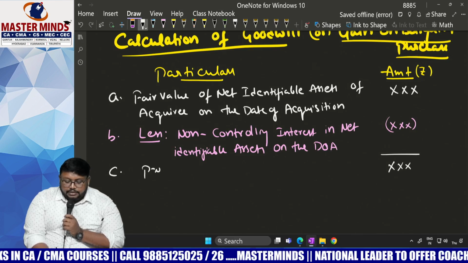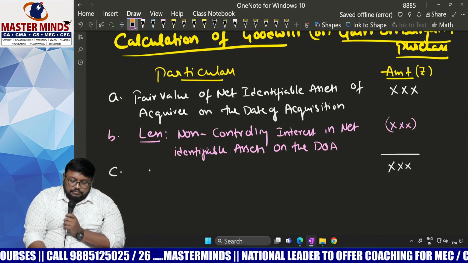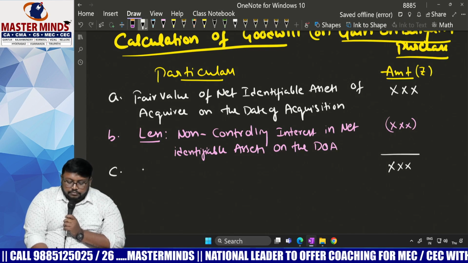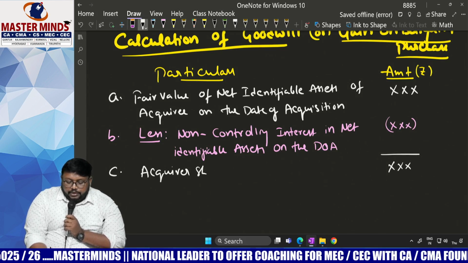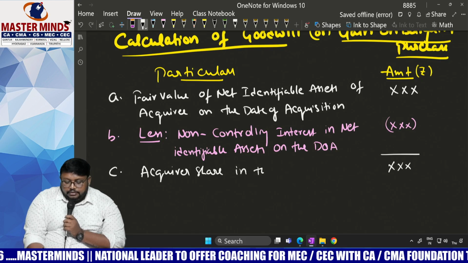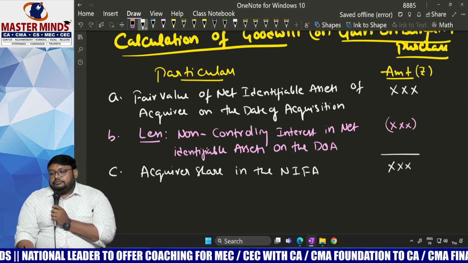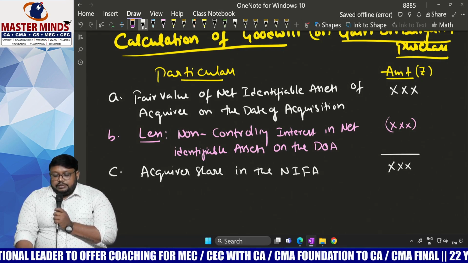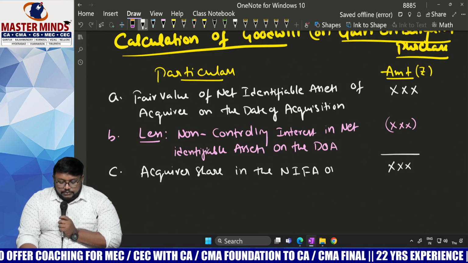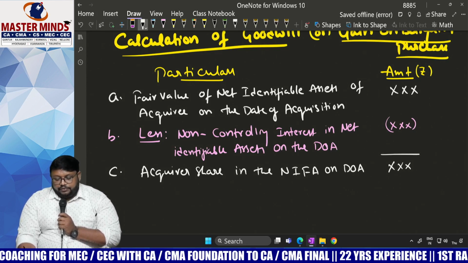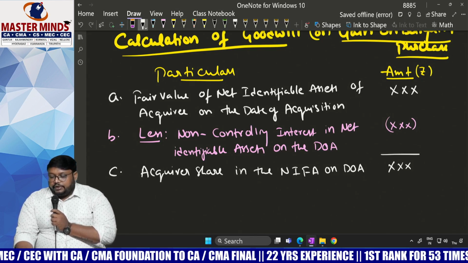This is the parent share or acquirer share, you can write either. Acquirer's share in the net identifiable assets, NIFA, on the date of acquisition.